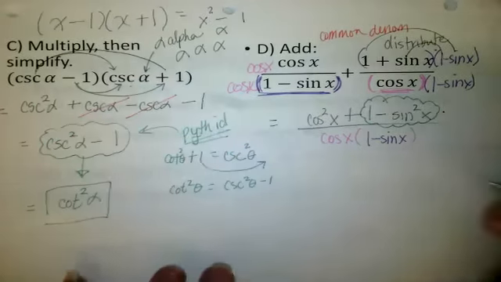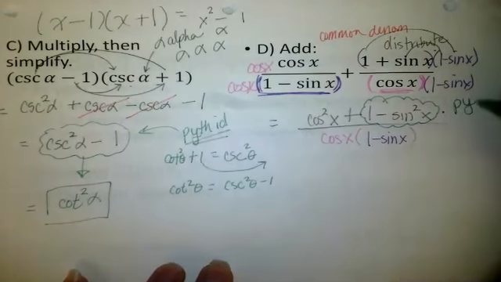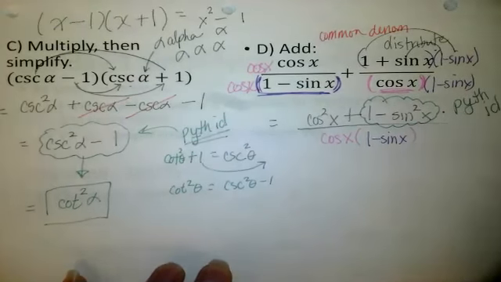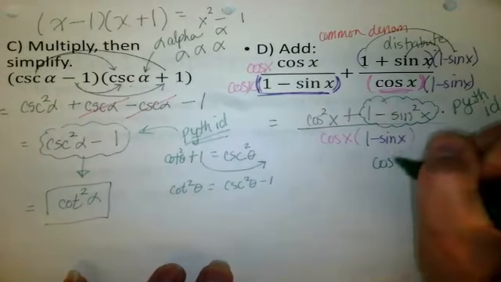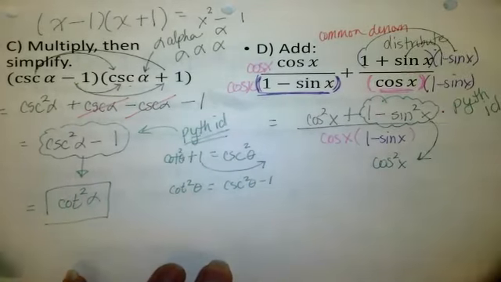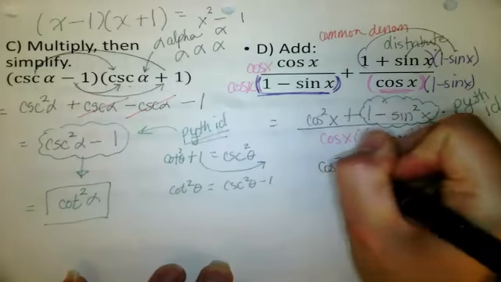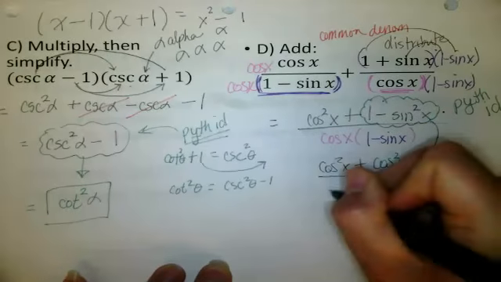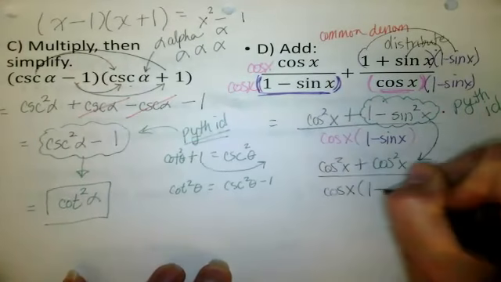Cosine squared, very good. 1 minus sine squared is cosine squared. That is the Pythagorean identity, cosine squared of x. All of that 1 minus sine squared turns into cosine squared, plus cosine squared of x over my common denominator.